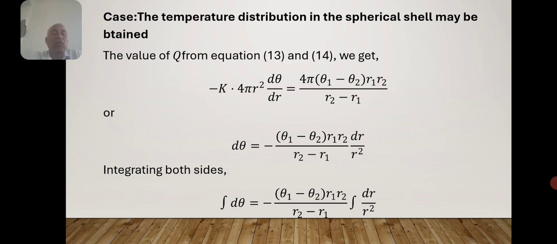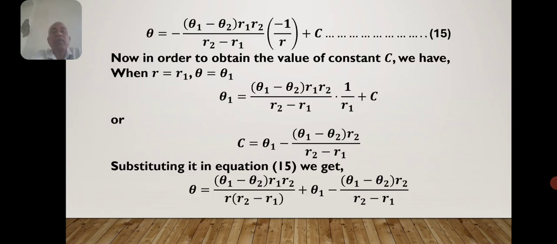This quantity is a constant and hence it is taken outside the integration sign, and the quantity which we are integrating is dr upon r square. Its integration is theta equals minus theta 1 minus theta 2 into r1 r2 upon r2 minus r1 into minus 1 upon r plus c. This is equation number 15.